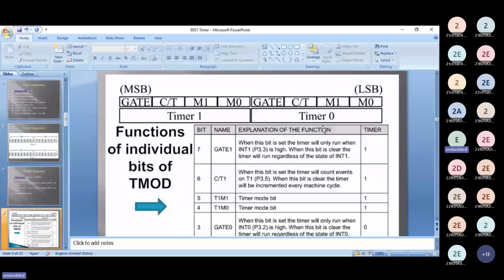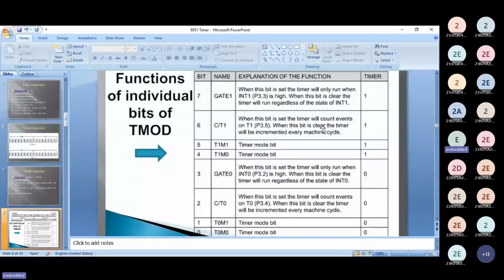Bit 7 is GATE1. When this bit is set, the timer will run only when INT1 is high. When this bit is clear, the timer will run regardless of the state of INT1. Next, C/T1.